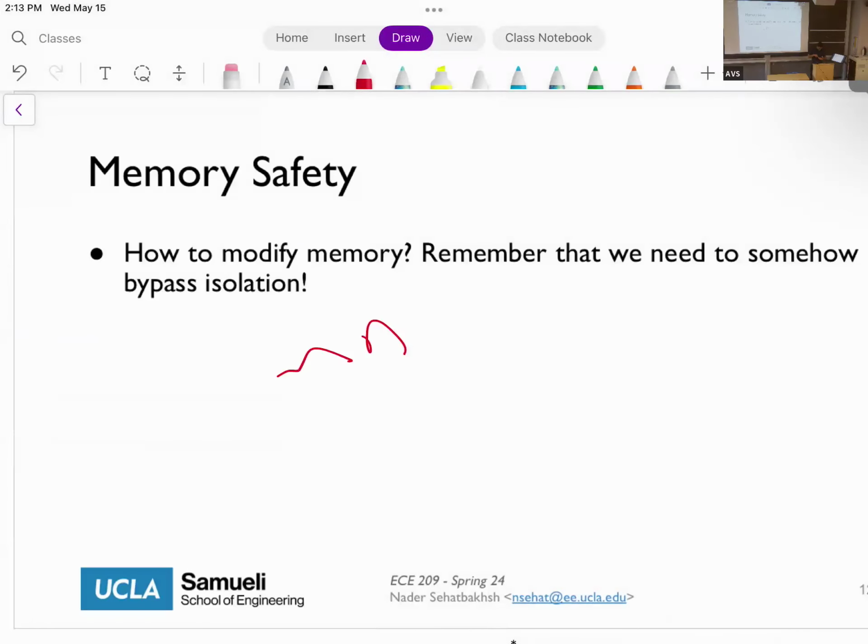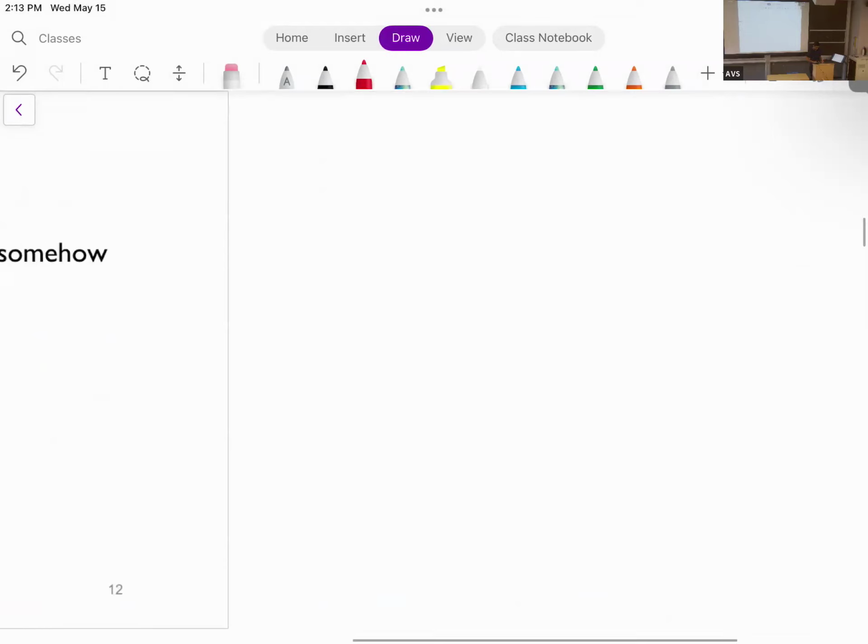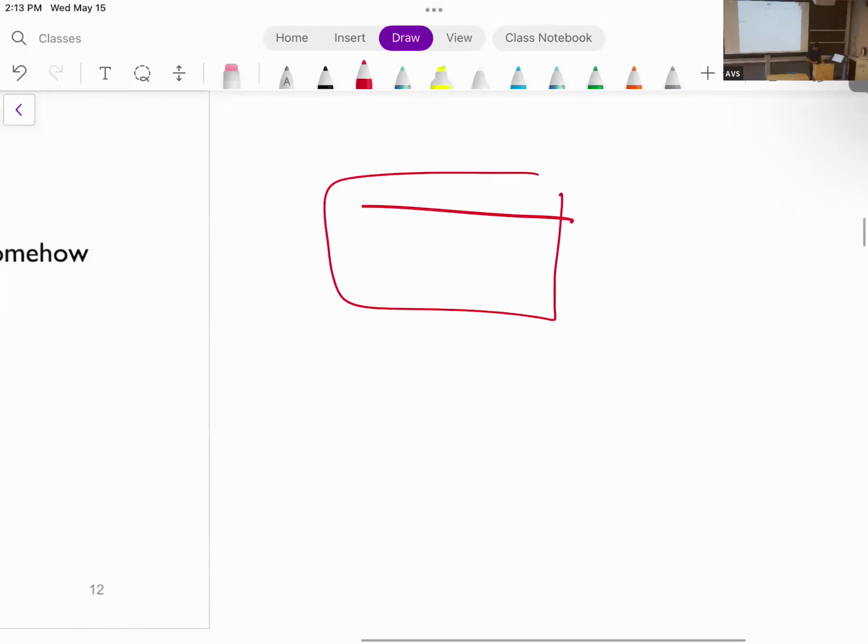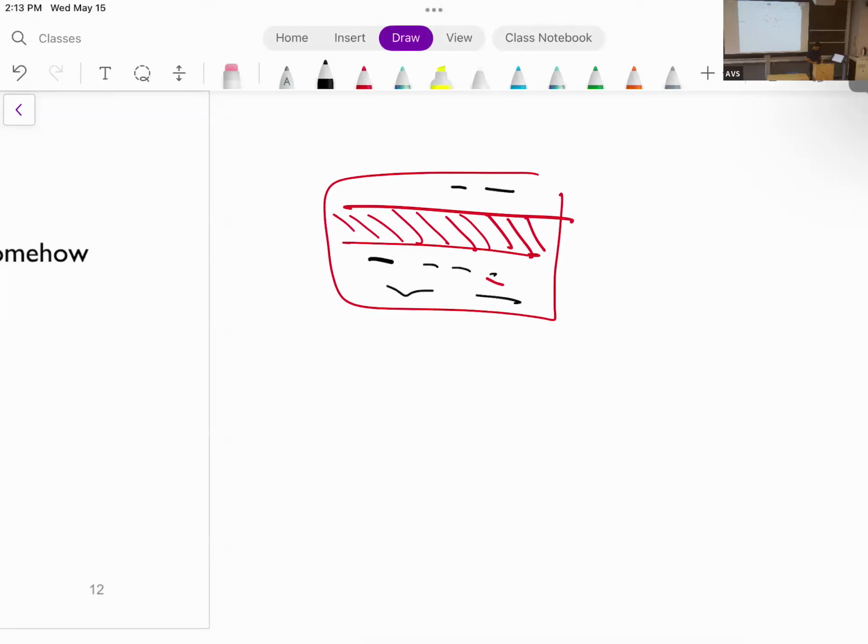Okay, sorry about that. If you remember the memory rows, if somebody keeps writing in this row, you might be able to flip bits in this row or this row.